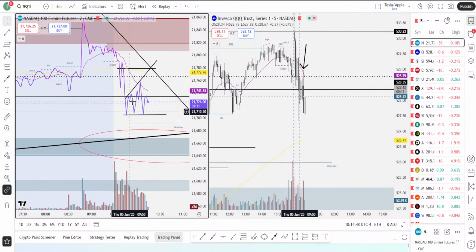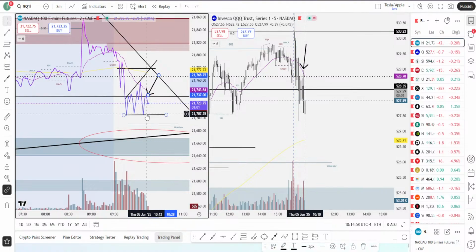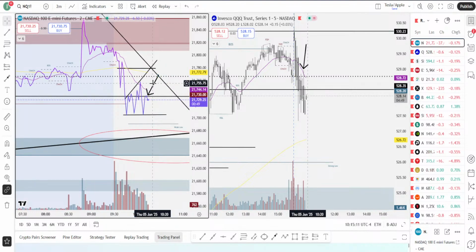So there it is. We got that range here. If we break this low here, this would make this a high, and this would be a lower high. So that will be a good thing to see.